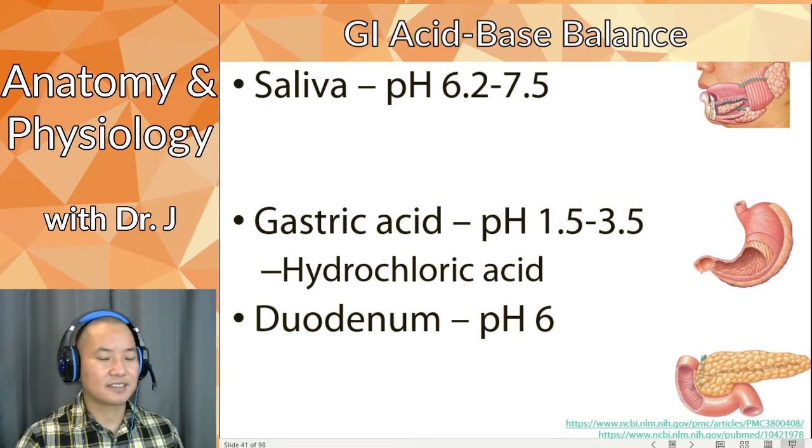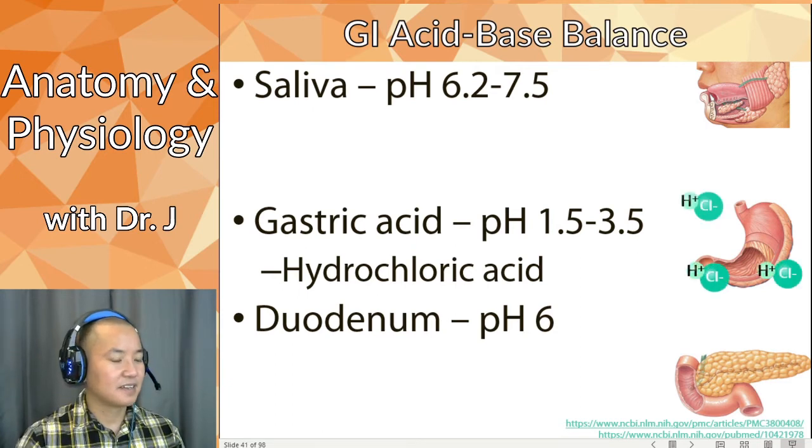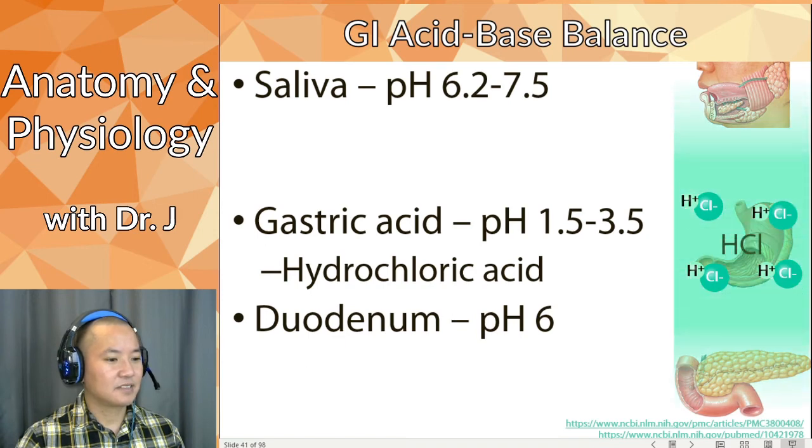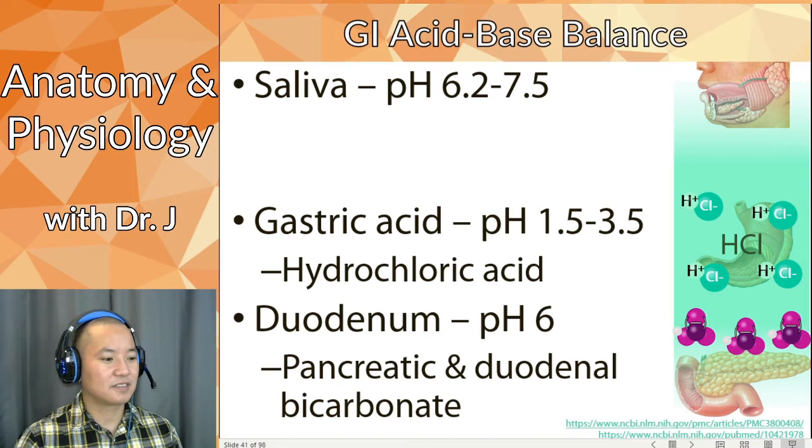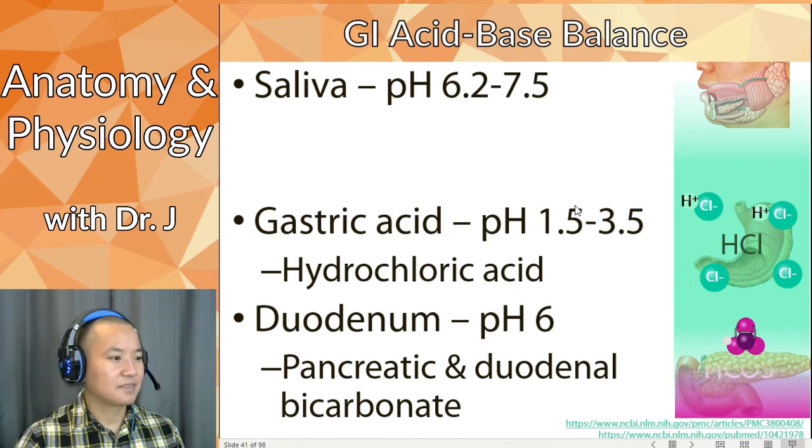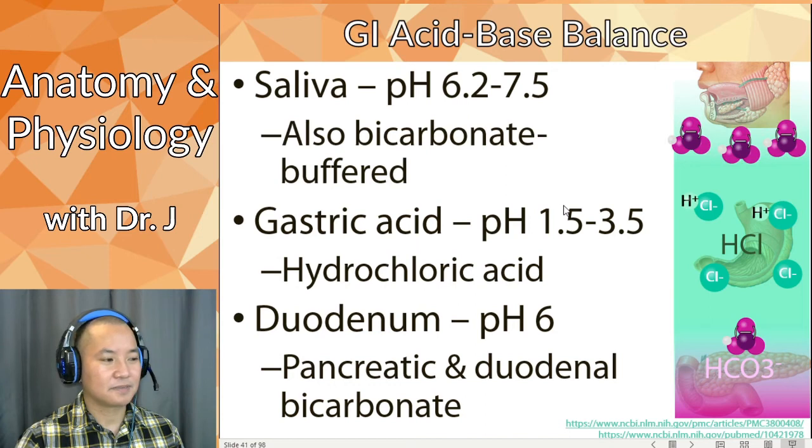So why is the gastric acid so acidic? Because of the hydrochloric acid. It's a very strong acid. But in the saliva and duodenum, what you have are bicarbonate buffers, so you're going to secrete pancreatic and duodenal bicarbonate in the intestines and pancreas. But you also have bicarbonate being produced in saliva as well.